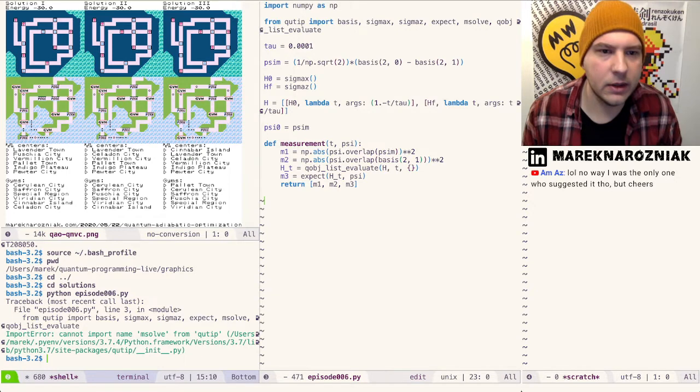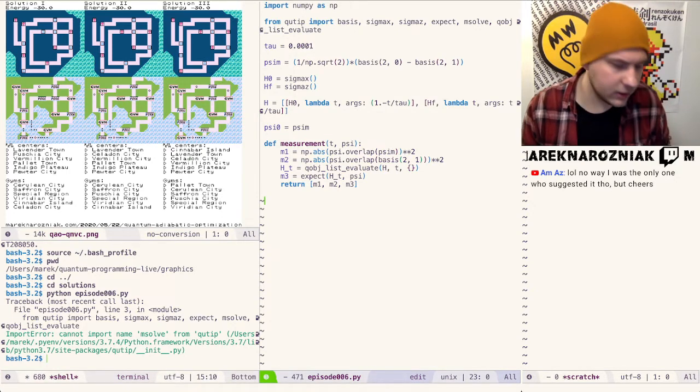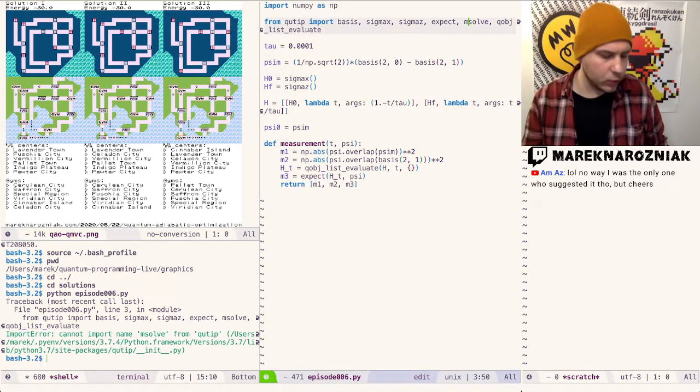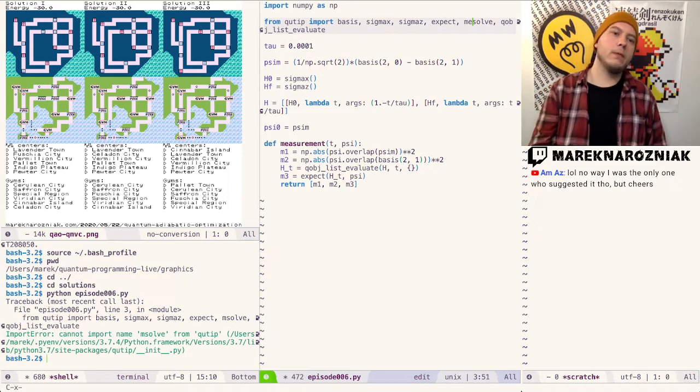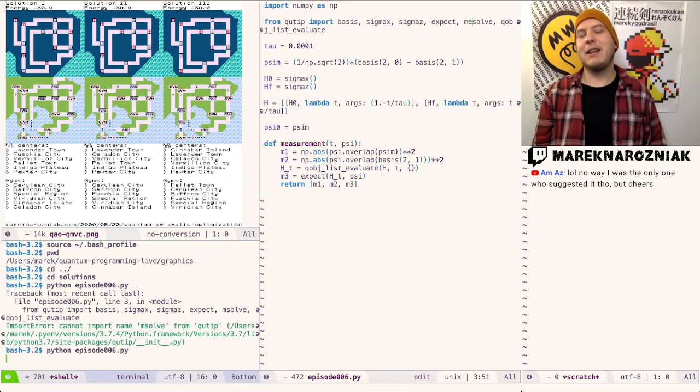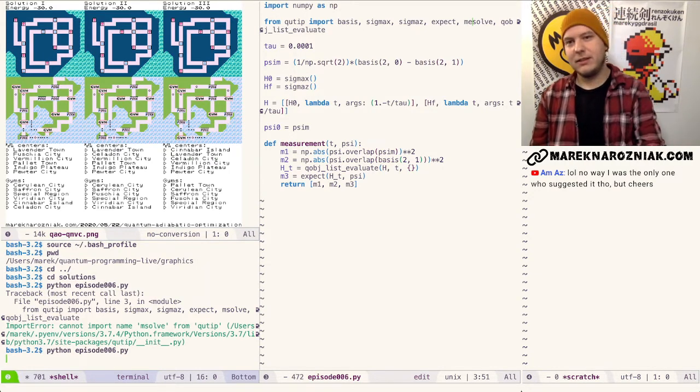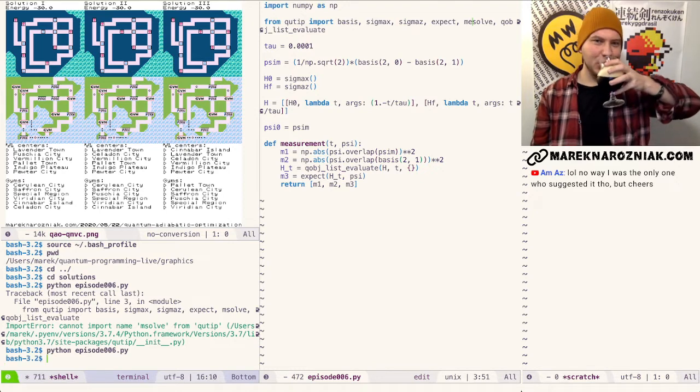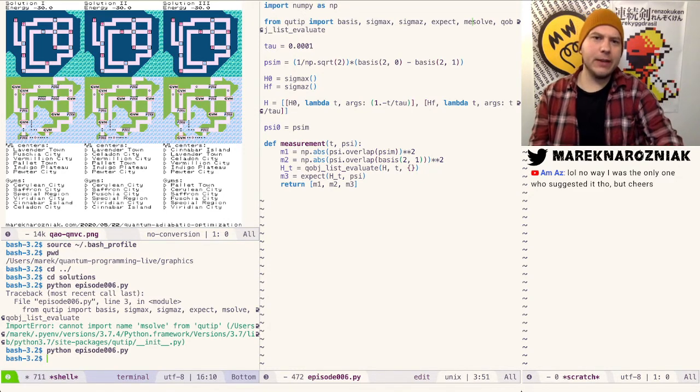Cannot import, oh yeah, because this is actually me solve. Master equation solve. Such a politically incorrect name, the master equation. Oh my god, those people, how dare they? Alright, it's good, it's evaluating.